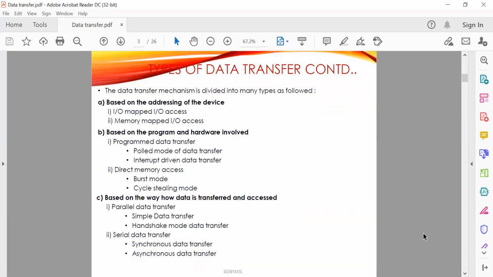The next is the second category based on the program and hardware involved, where the program data transfer technique can be used. Here, the instructions for program data transfer are written and controlled by the programmer and executed by the processor.